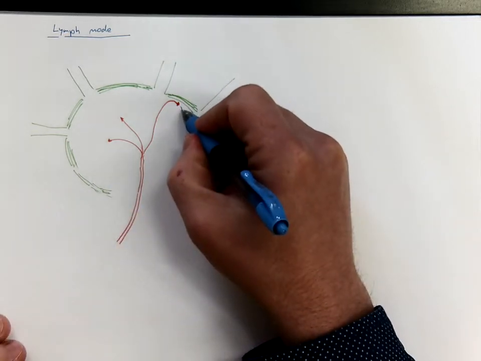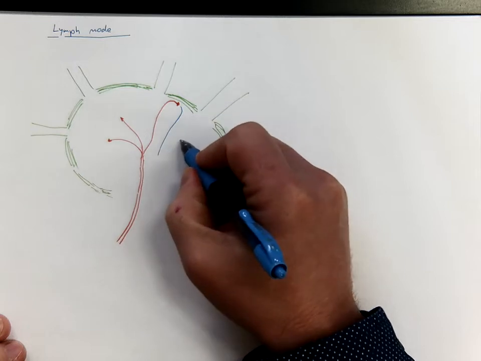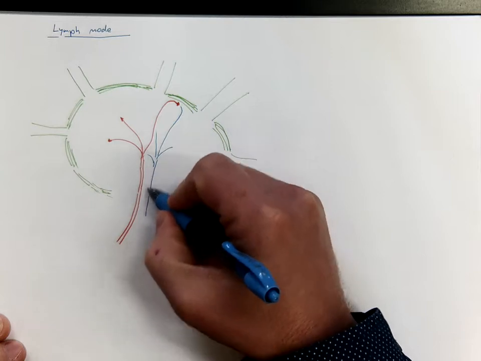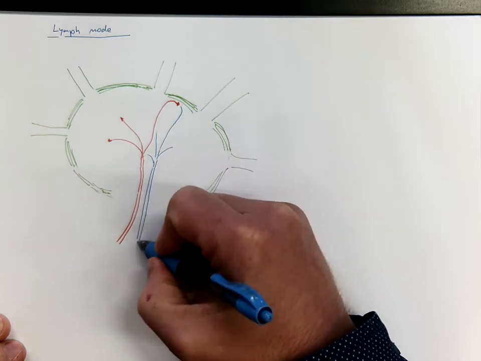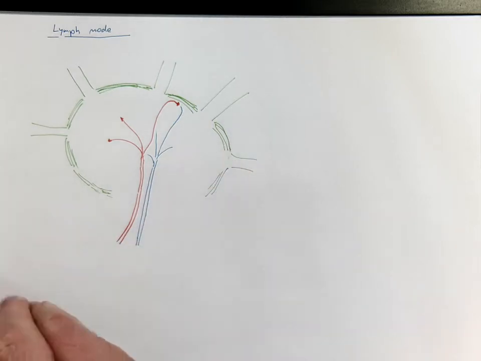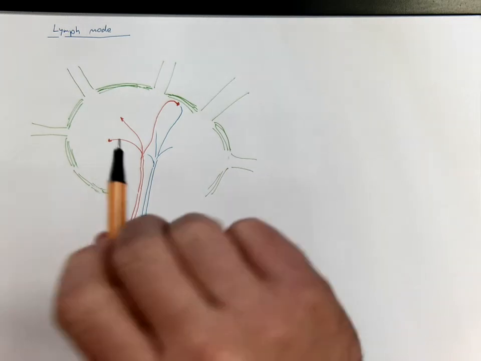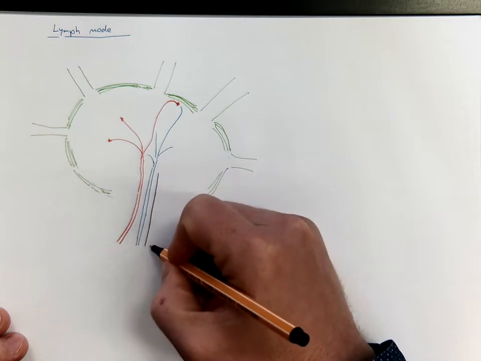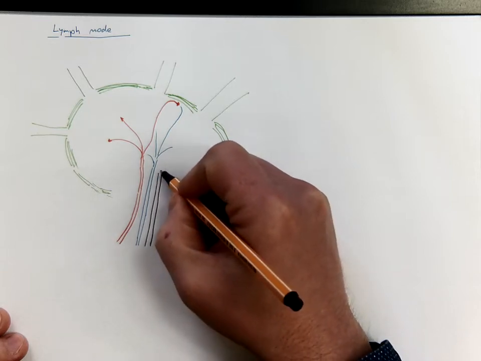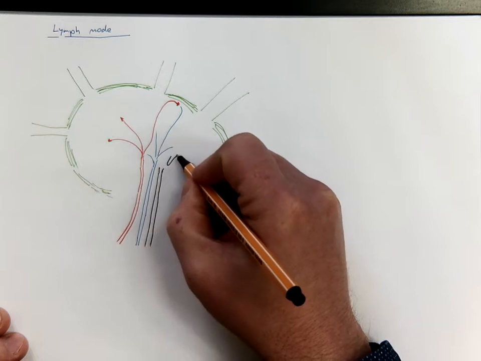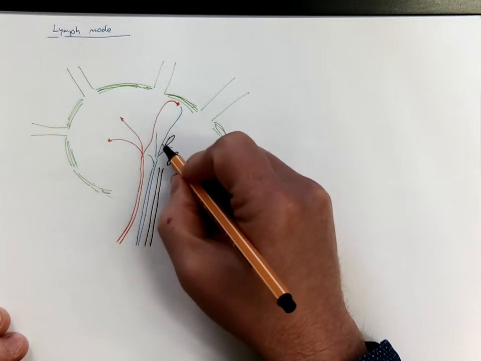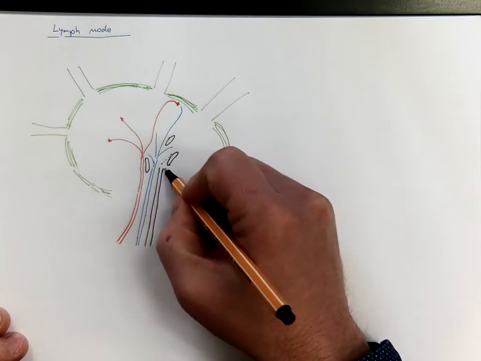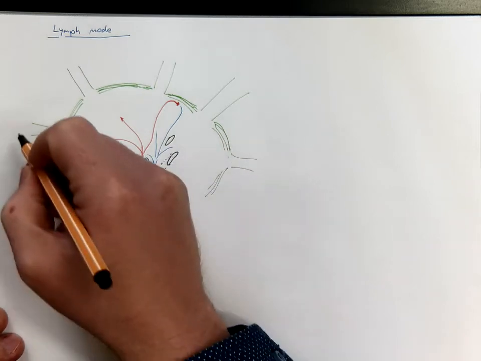It returns as veins, and from more veins we have the vein that leaves the hilum, and we also have an efferent lymph vessel that originates from a confluence of several larger spaces here that carries the lymph away.